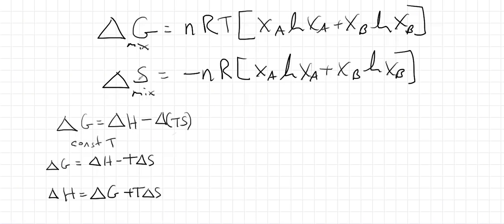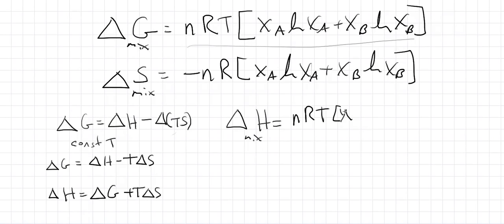Well, we have delta S of mixing, we have delta G of mixing, so we can use that to get delta H of mixing. So delta H of mixing, we said is delta G, this expression up here, minus T times that expression there. And I think you can see what's going to happen. We get nRT (XA log of XA plus XB log of XB).